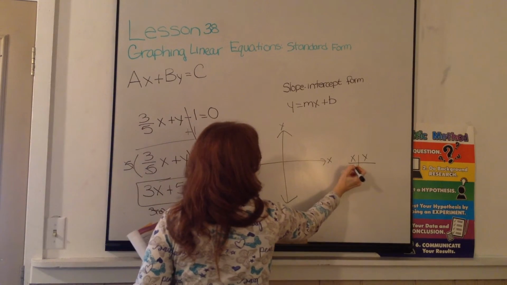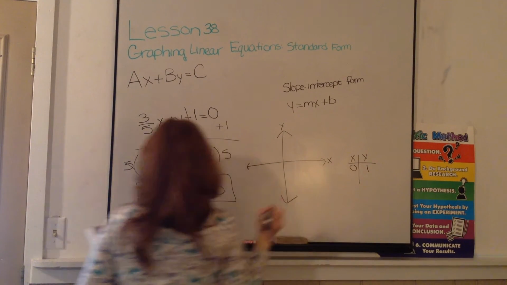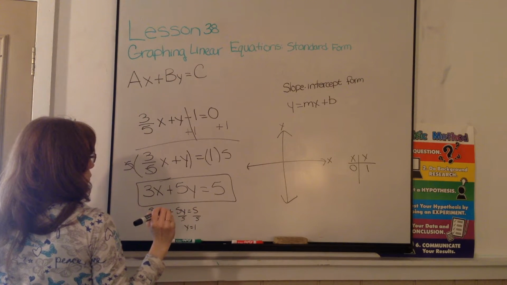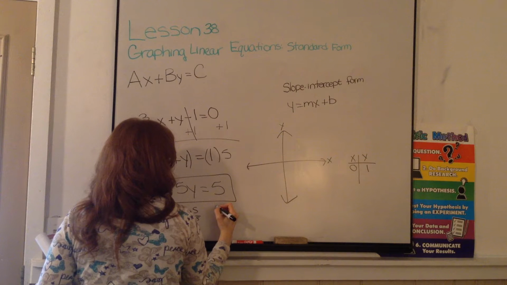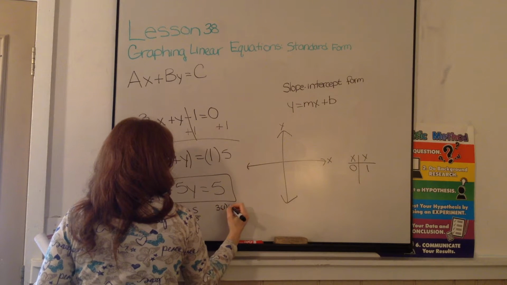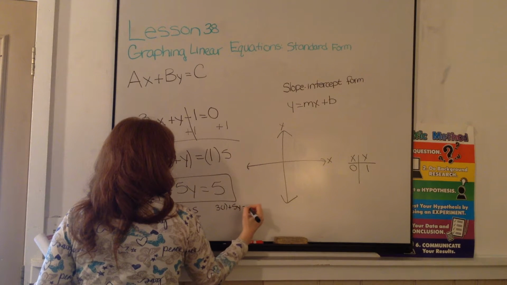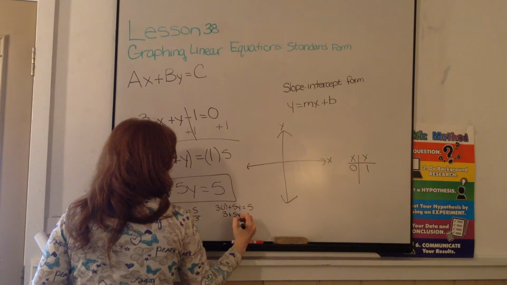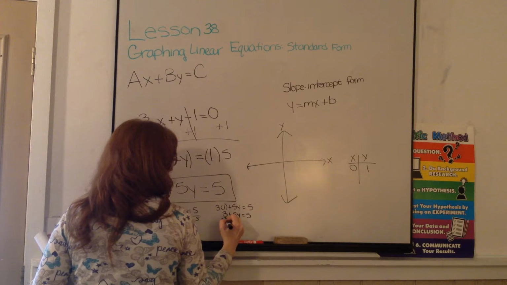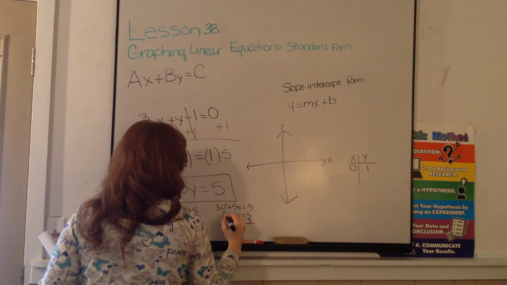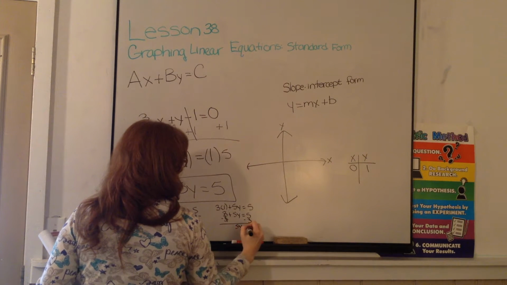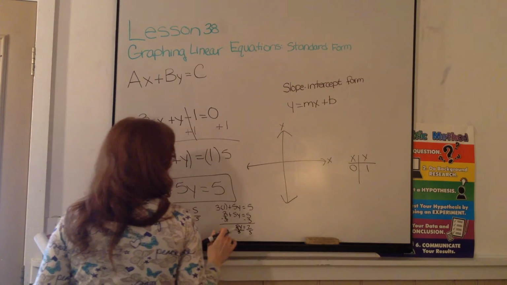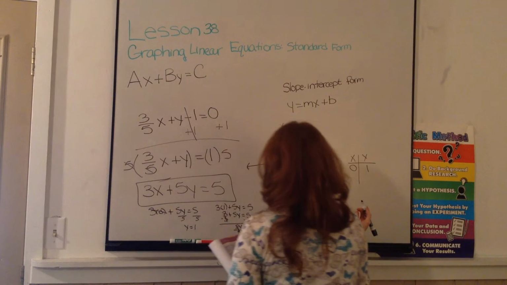So when x is 0, y is 1. Okay? Now let's say that I want to put in a 1 for x. Okay? So that gives me 3 plus 5y equals 5. Subtract 3 from both sides. 5y equals 2. Divide both sides by 5. Y equals 2/5.